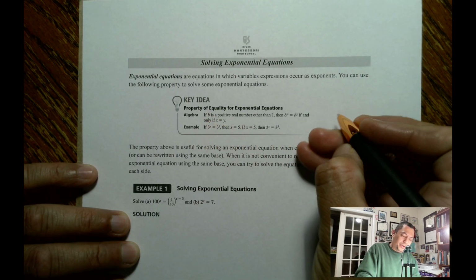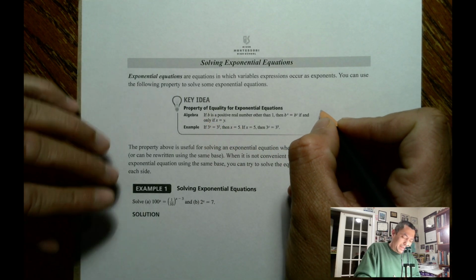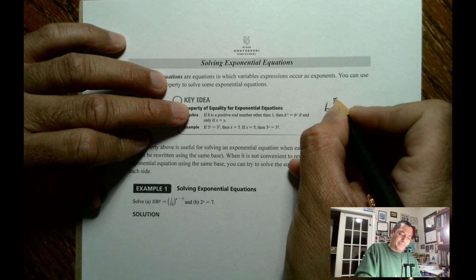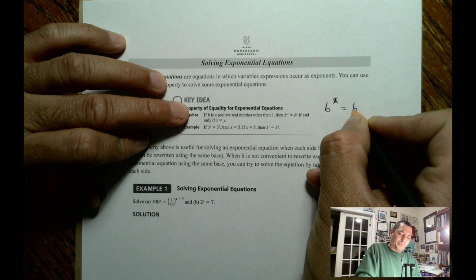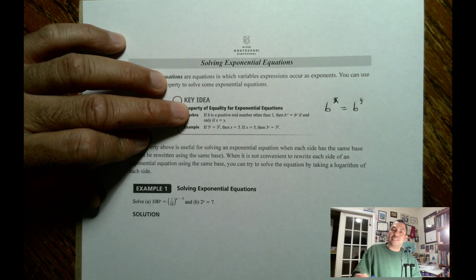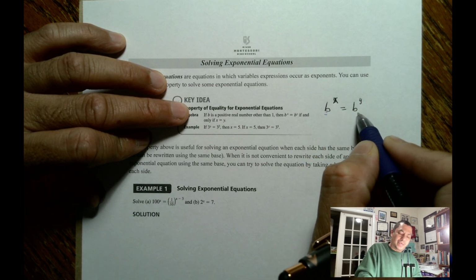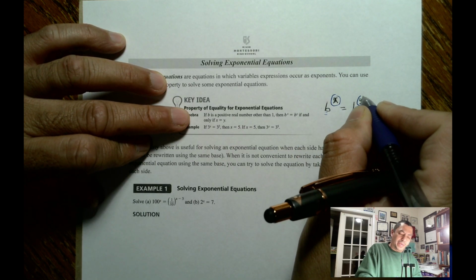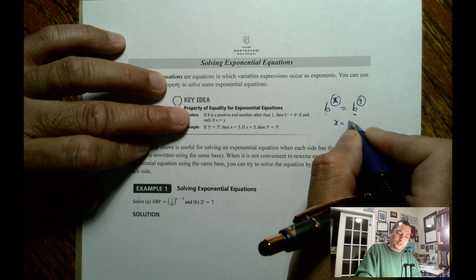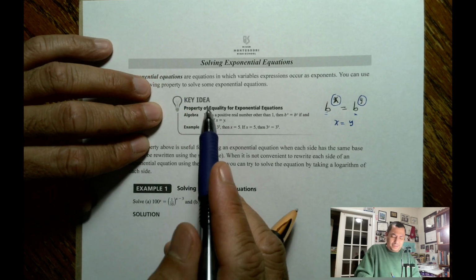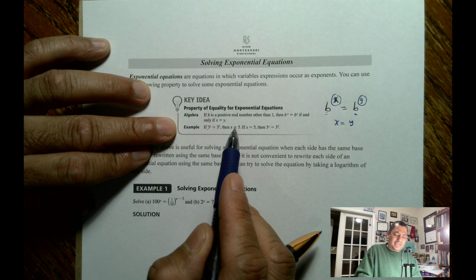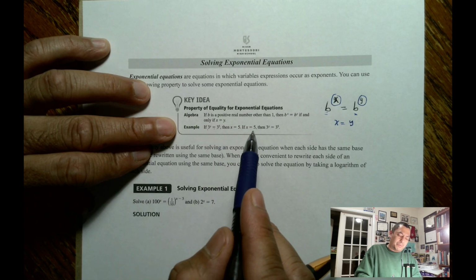This is b to the x equals b to the y. The bases are going to be the same. Therefore, my equation is going to be x equals y. And a brief example is 3 to the x equals 3 to the 5. Then x is equal to 5.